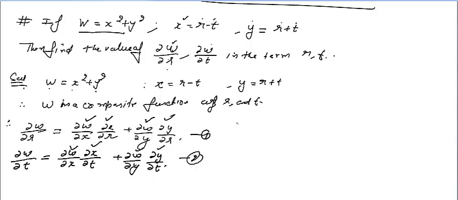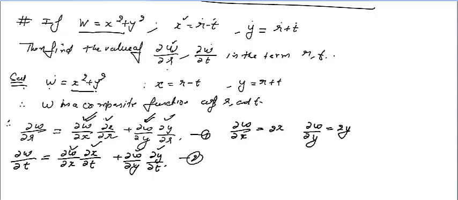So first I will find ∂w/∂x, because one by one we will find all the terms. When you differentiate w with respect to x, you will get 2x. Now ∂w/∂y. When you differentiate w with respect to y, you will get 2y, because x will be constant. When differentiating with respect to x, y will be constant.